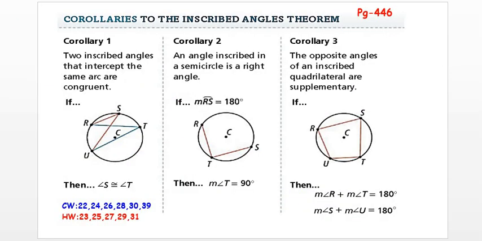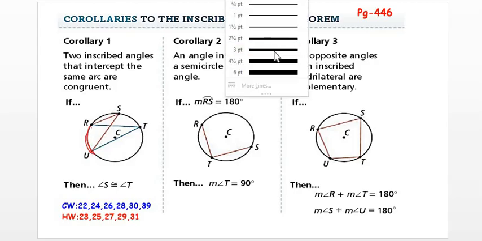Clear? So here we have some corollaries of the same theorem. Corollary number 1 says two inscribed angles that intercept the same arc are congruent. It means that, for example, you have just one arc, arc RU, and there are two angles.